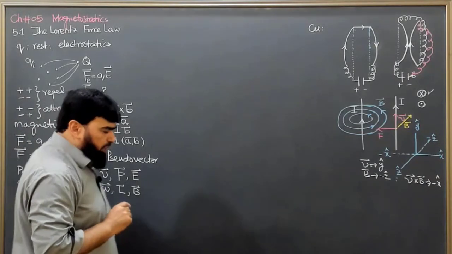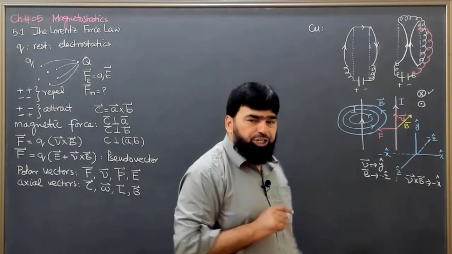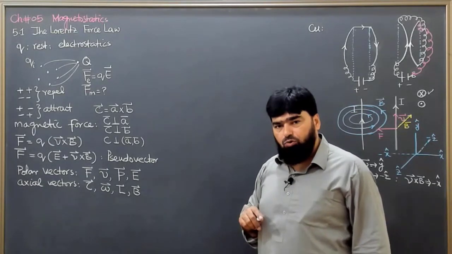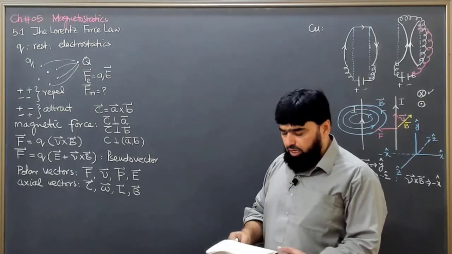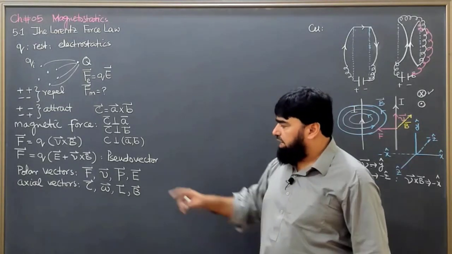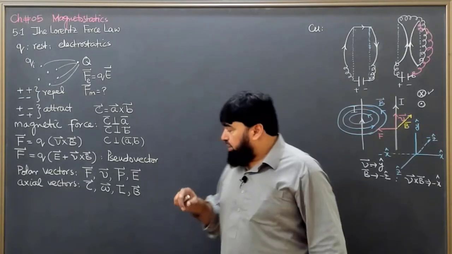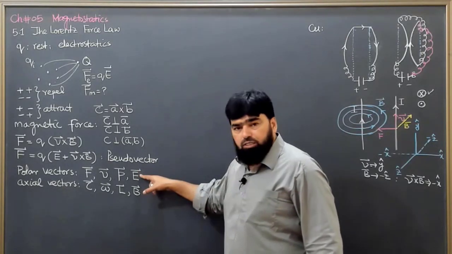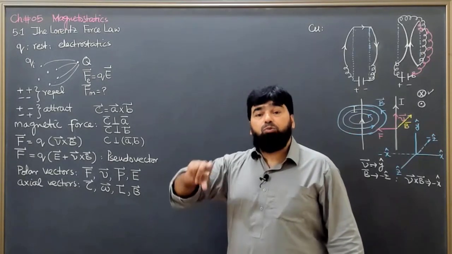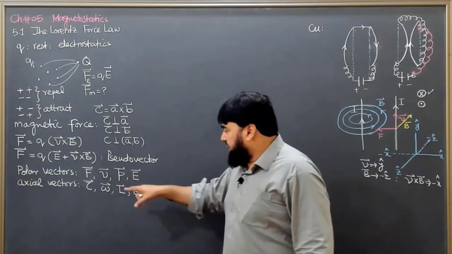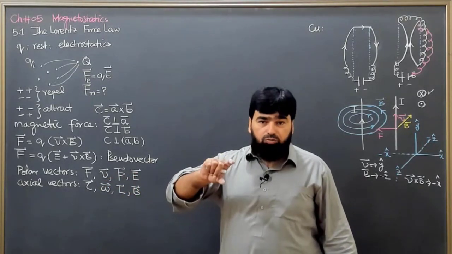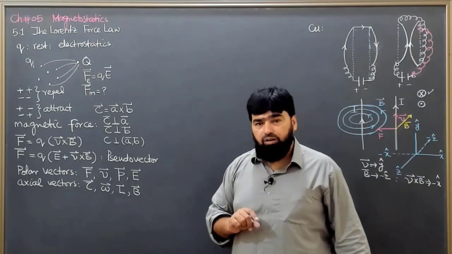They are axial vectors. Why do we differentiate them? We differentiate them because the actual vector direction under mirror transformation will be reversed, while the pseudo vectors or axial vectors don't reverse their direction under reflection.